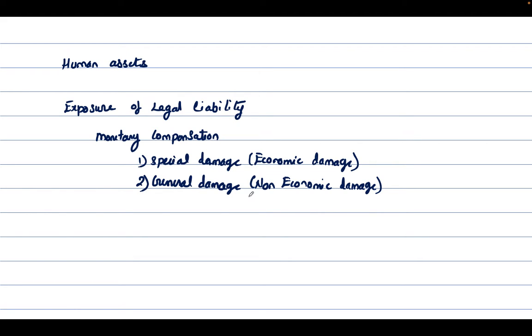General damages, or non-economic damage, are for when the harms are not specifically quantifiable but still require compensation. Examples of non-economic or general damages include pain, suffering, and mental stress. When the damage is quantifiable and measurable, we call it a special damage. When it is not at all possible to measure, we call it a general damage.